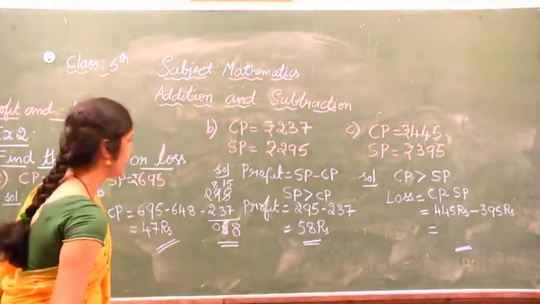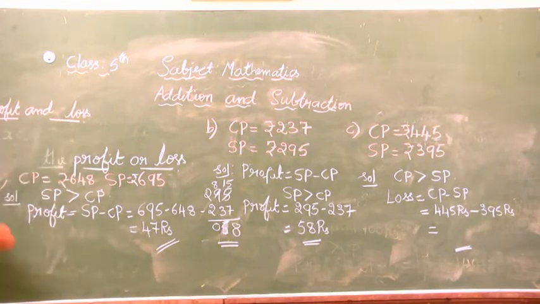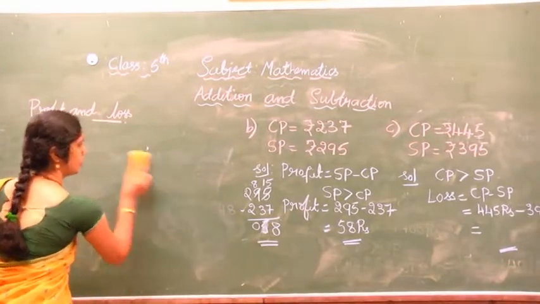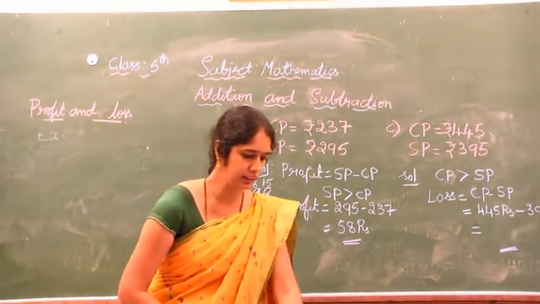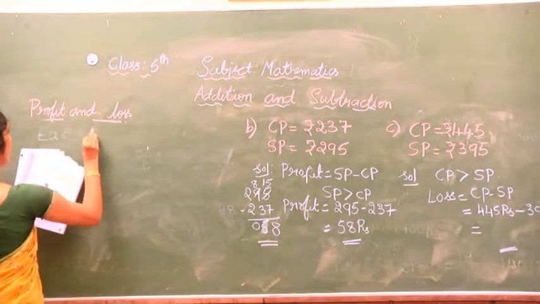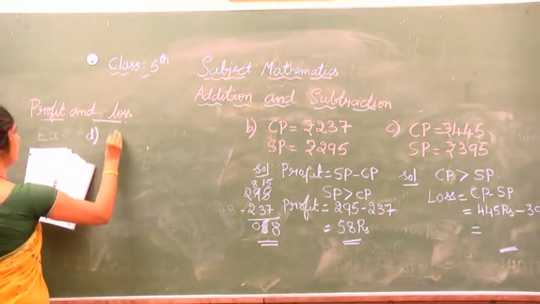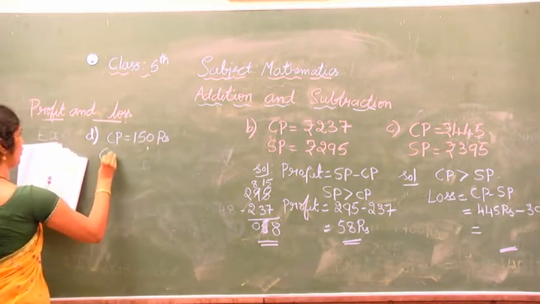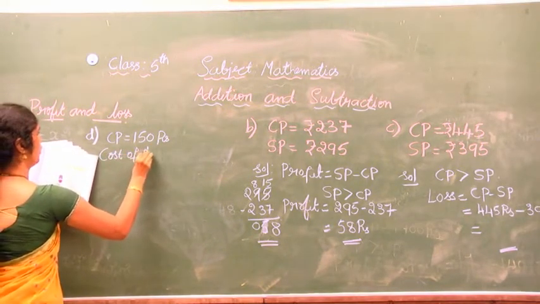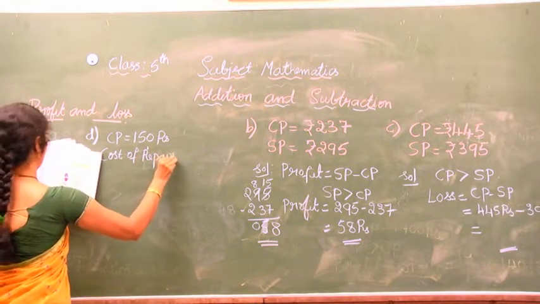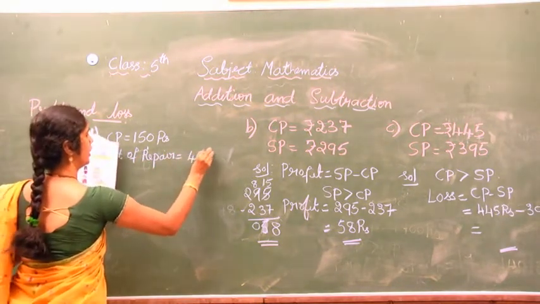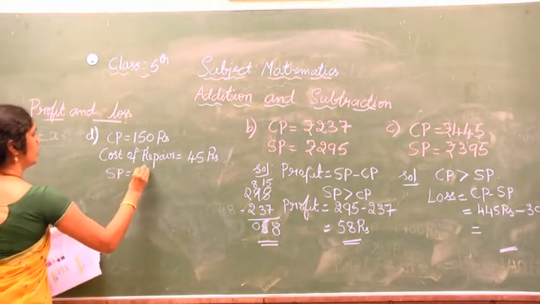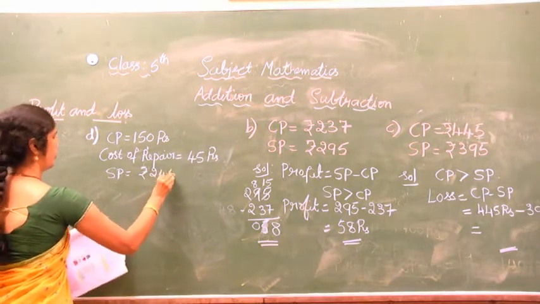Last one sum in this exercise. See, in the sum, CP equal to 150 rupees and cost of repair equal to 45 rupees. Next, SP equal to rupees 245.